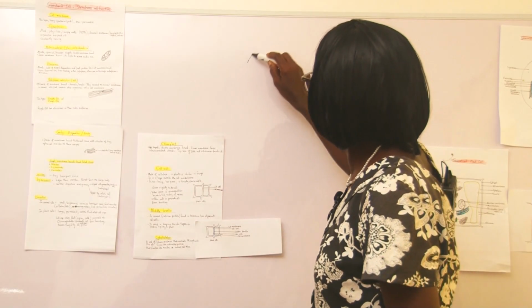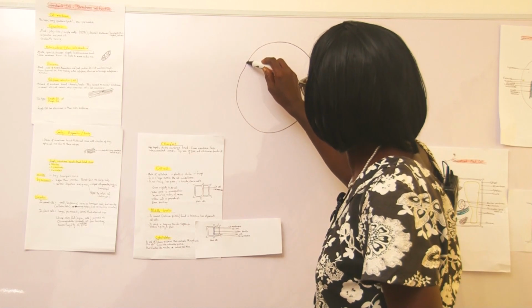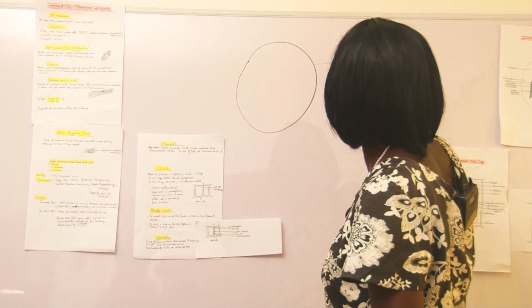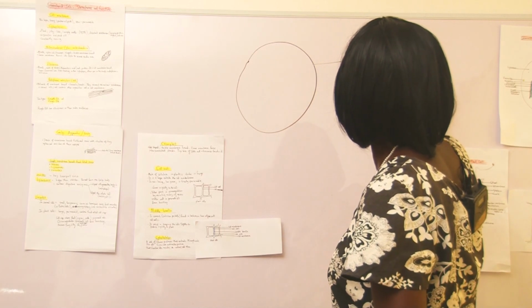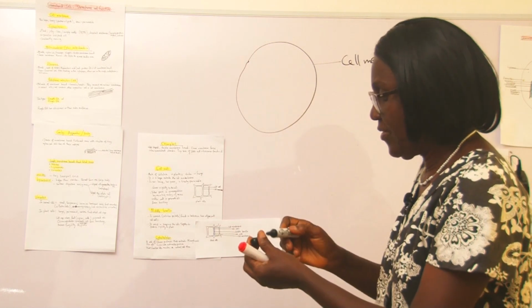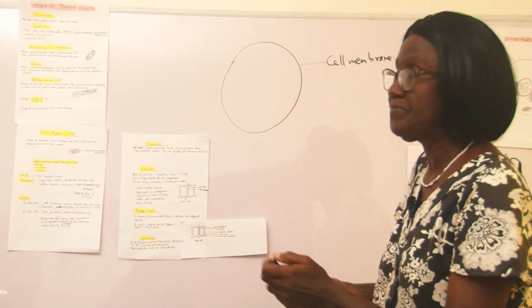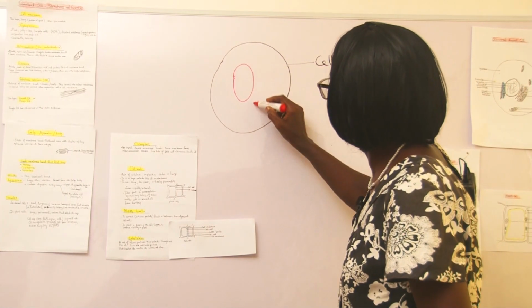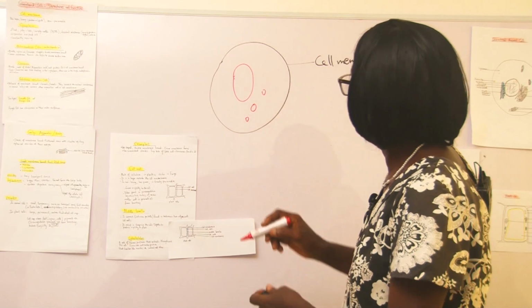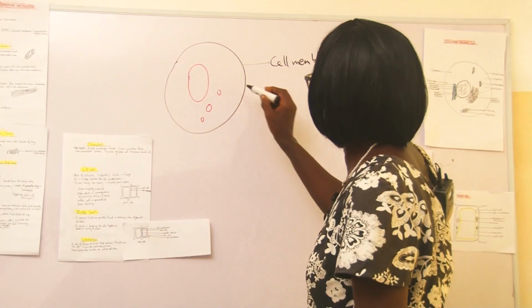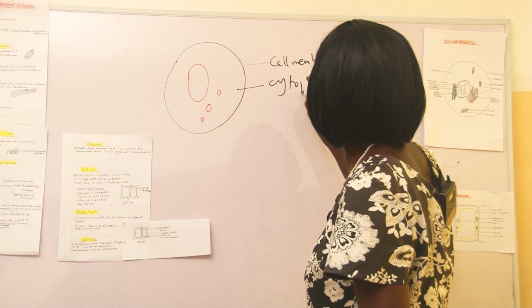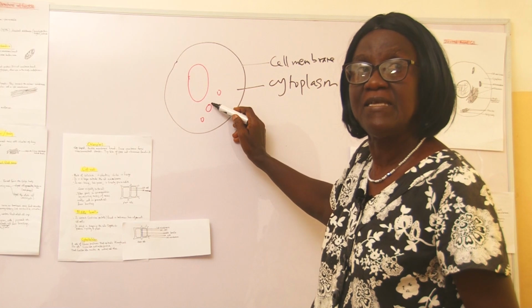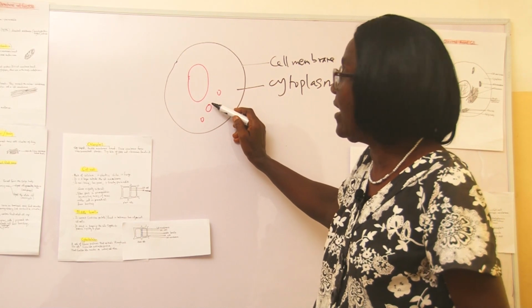We looked at the cell, simple structure, cell membrane, with cytoplasm inside, with structures suspended in it, and we said the structures suspended in it that are membrane bound are organelles.